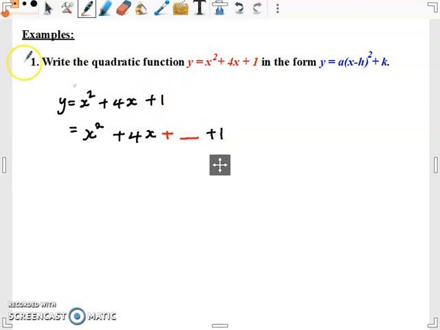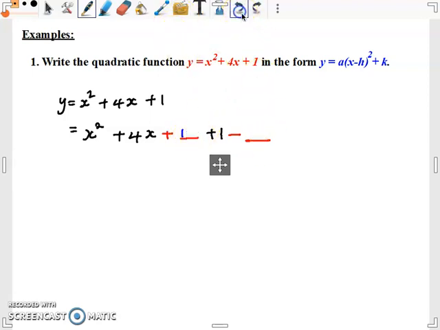And the same number that you add, you're going to subtract back from the function. Therefore, if the number that you found was represented as a, you're going to add a and subtract a right here. And if that number is 10, you're going to add 10 and subtract 10. Whatever the number is, you add it and then you subtract it.